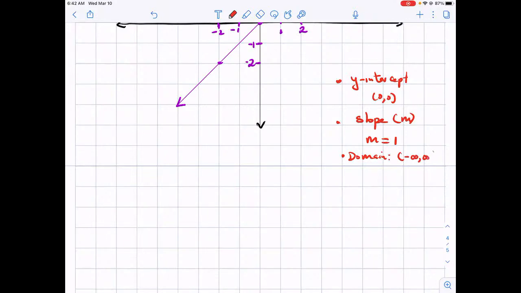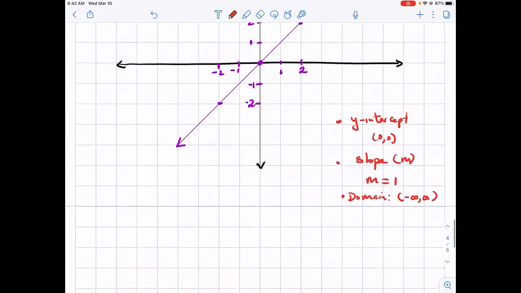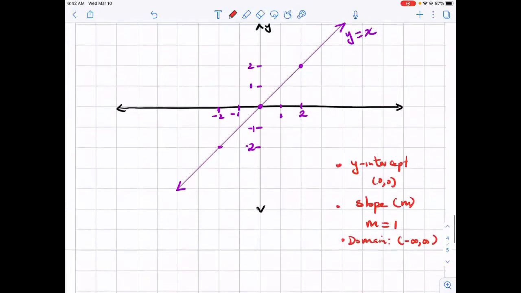So remember, domain is the set of acceptable x values. By looking at the graph, you can see that no matter where on the x-axis you go, there is a corresponding y value. We do have a video on how to find domain and range, so if you want to refresh on that, please look at that video.